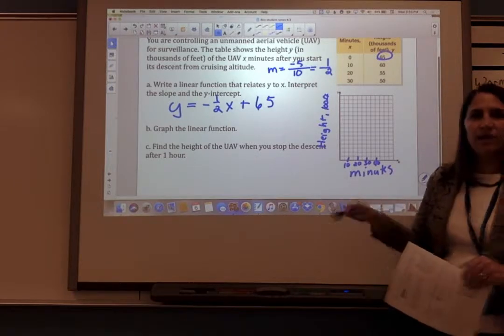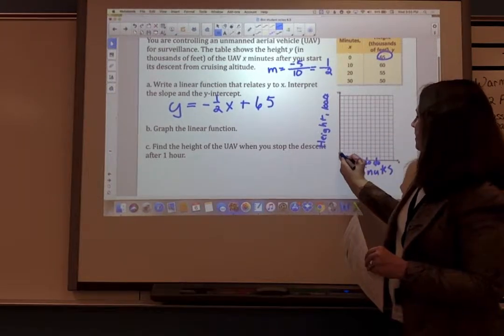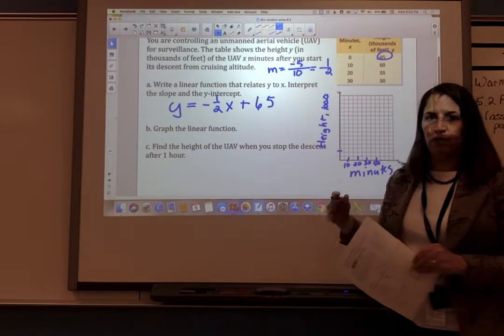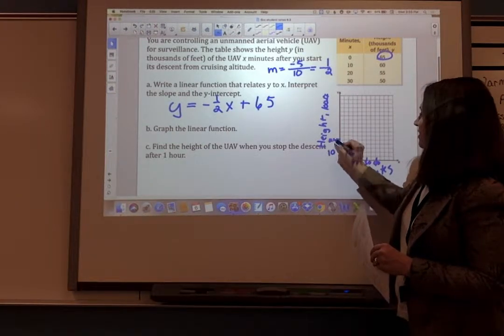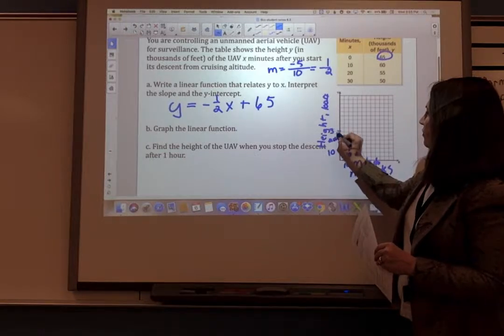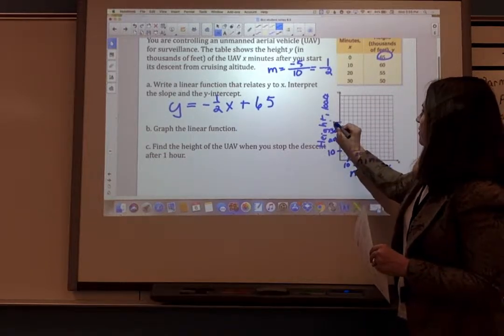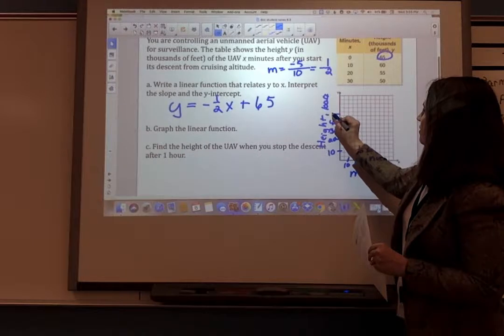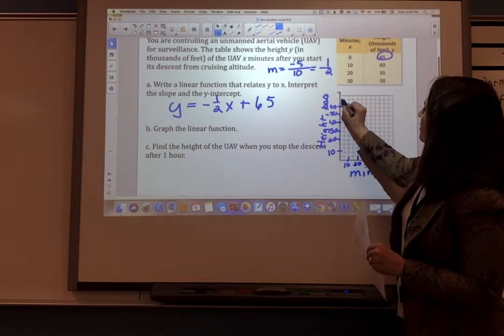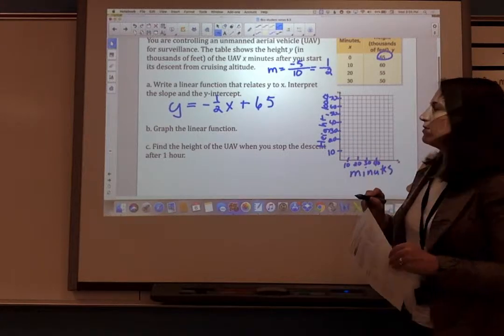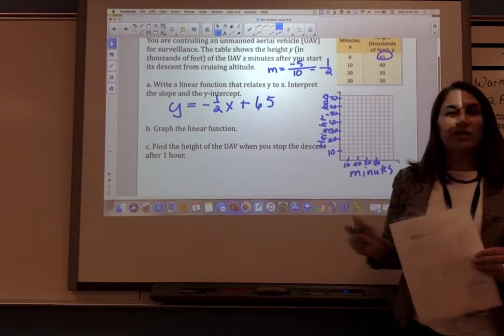That's probably enough. And then I'm going to count by tens here as well: 10,000 feet, 20,000 feet, 30,000 feet, 40,000 feet, 50,000, 60,000, and 70,000.